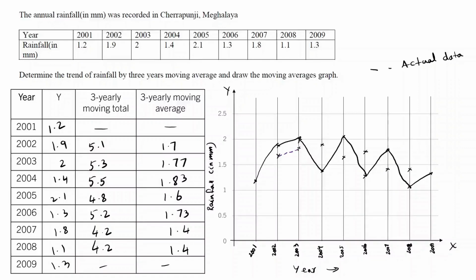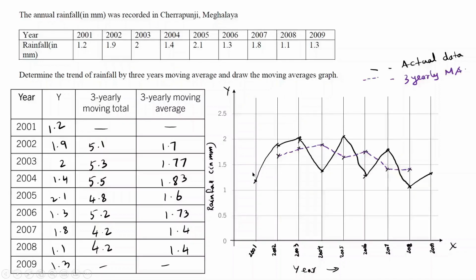So this is 3-year moving average. So the dotted line represents 3-year moving average. So this is how you have to represent this on the graph.